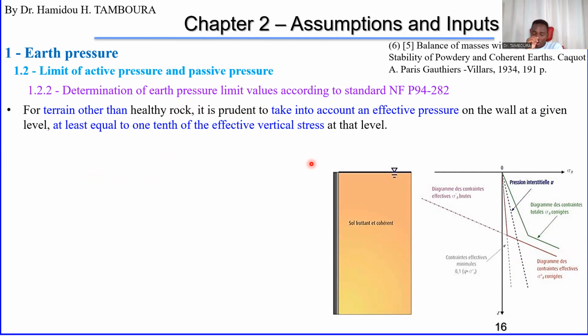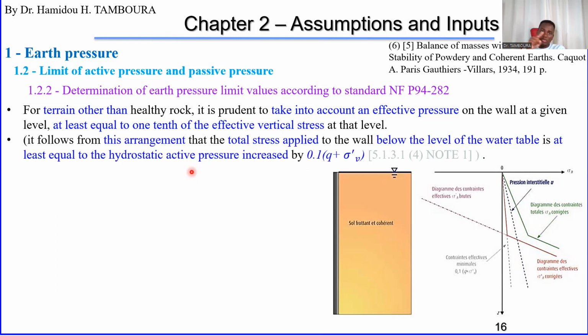At least you should take a pressure which is equal to 1/10 of the effective vertical stress at the same level. 1/10, 1 divided by 10. This is just for safety. In that case, the total stress applied to the wall below the level of the water table is at least equal to the hydraulic active pressure increased by this amount.